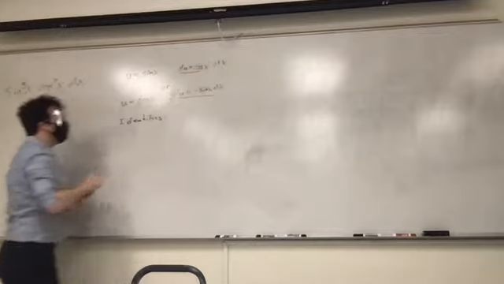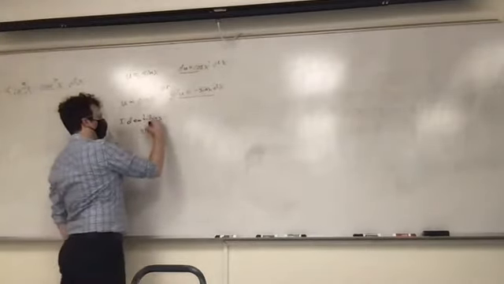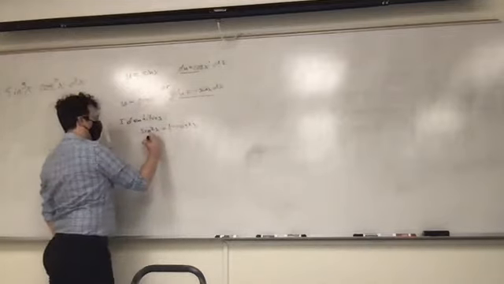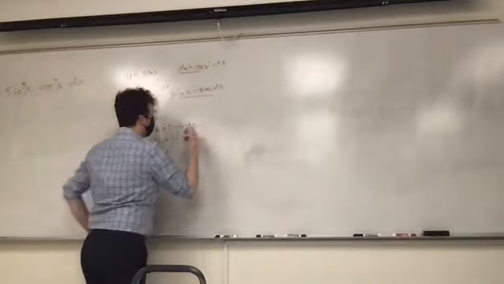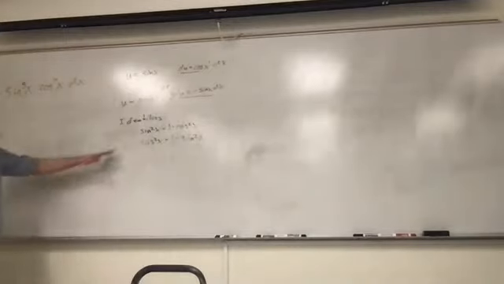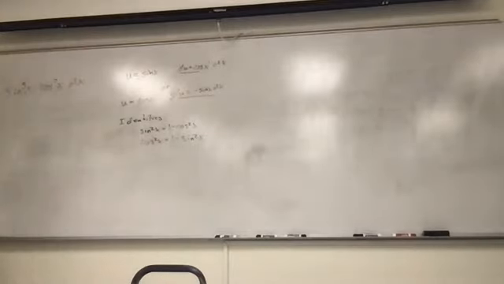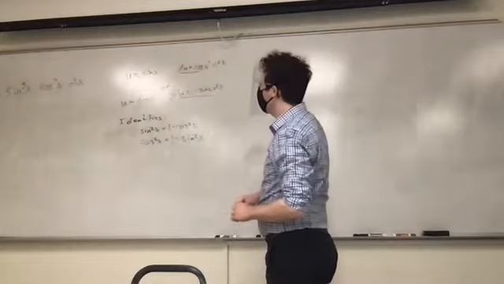The two main ones that kind of go with this section is that sine squared is 1 minus cosine squared, or cosine squared is 1 minus sine squared. So we're able to turn sines into cosines and vice versa. So these are the tools that are going to end up getting used.